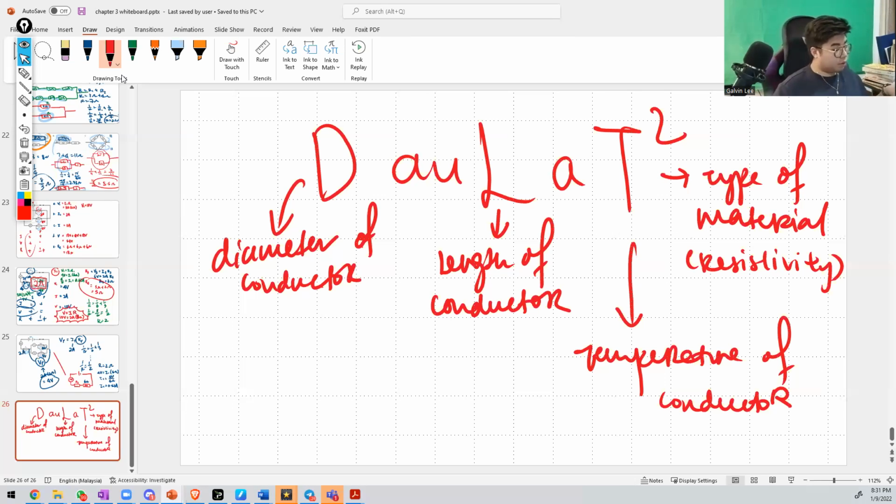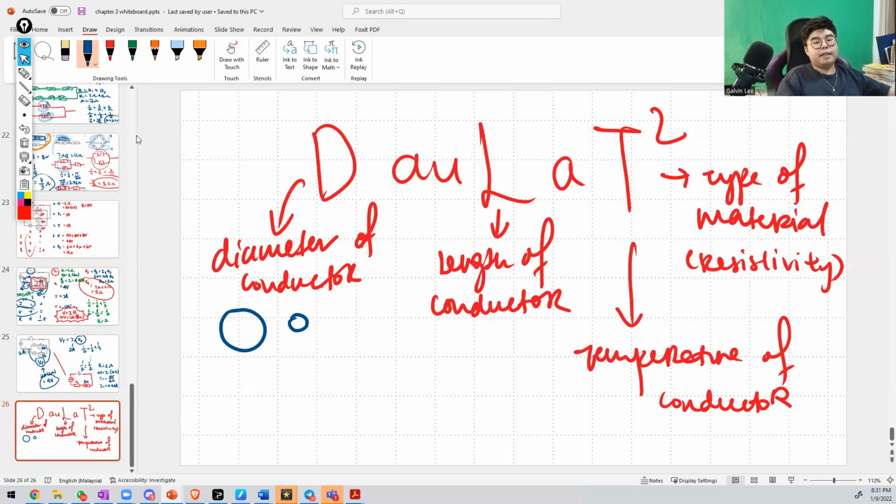Okay. So first one, diameter of conductor. Talking about the cross-sectional area. Wire big or wire small? That means if you cut the wire, you see. Cross-sectional means you cut the wire, you see. Wire big or wire small? Okay. So big one means high diameter. This one low diameter.